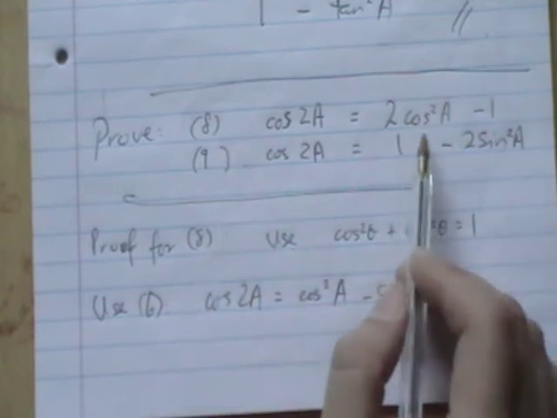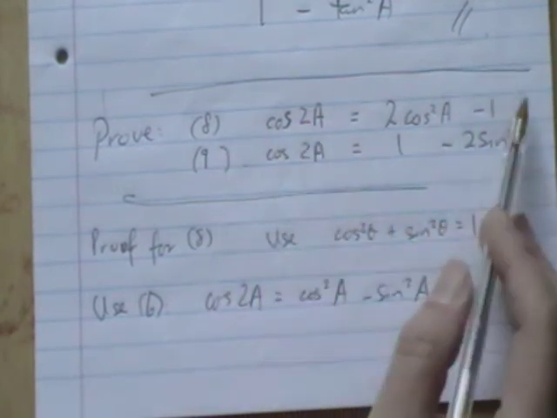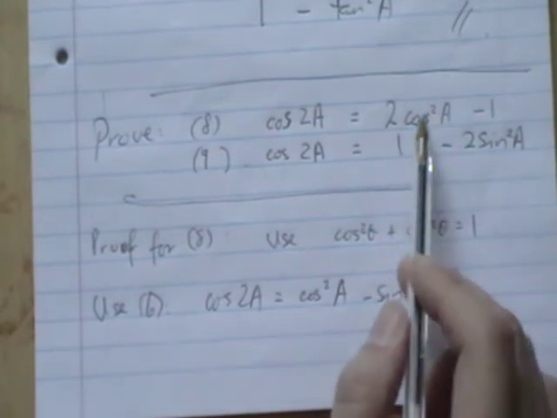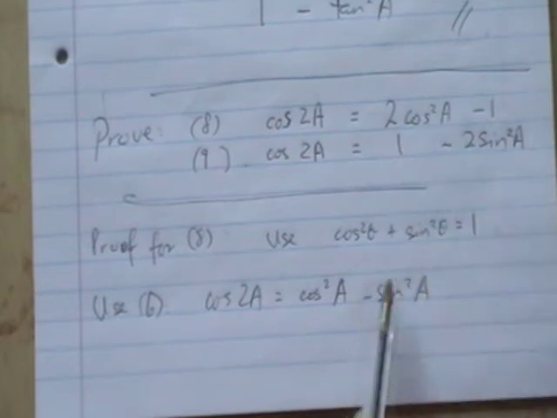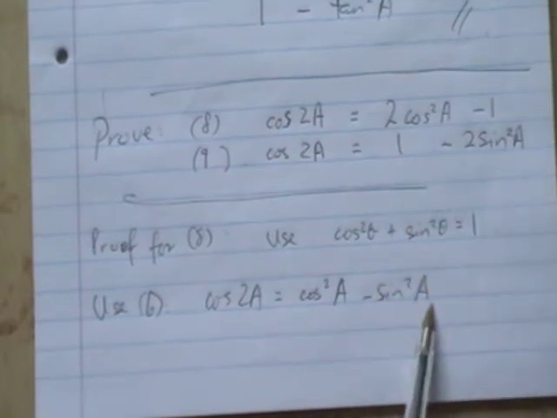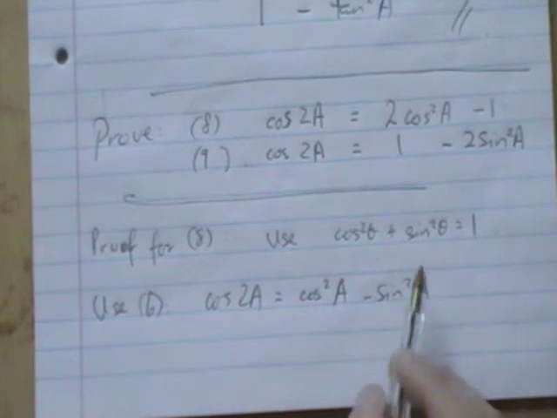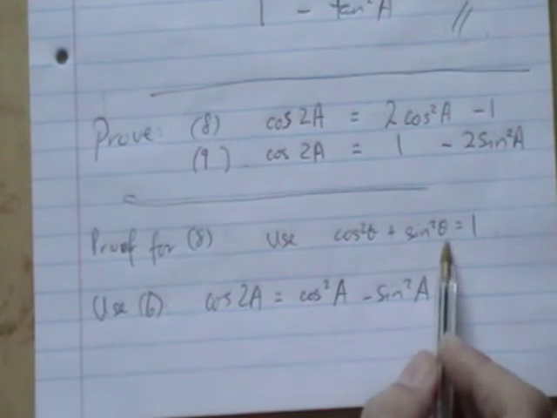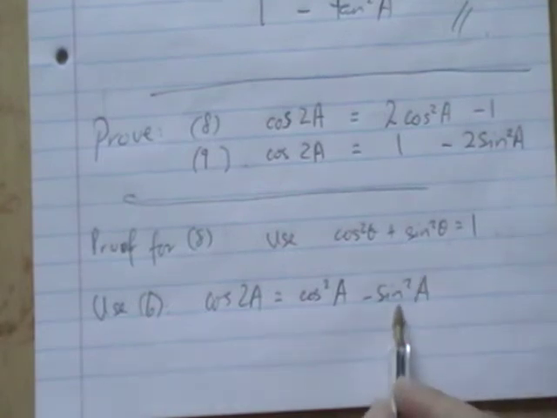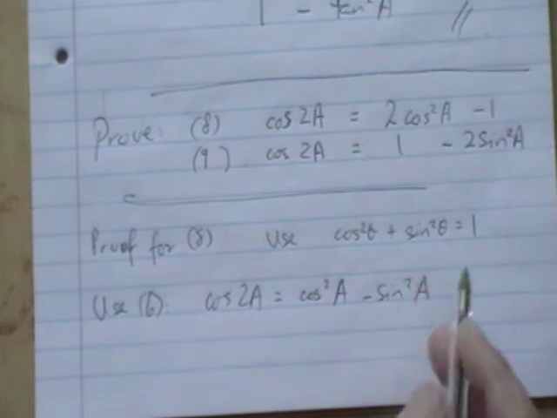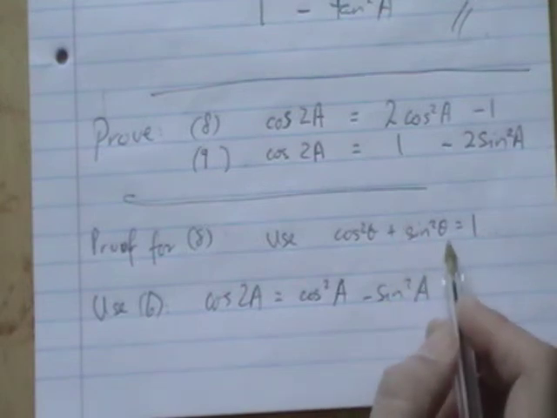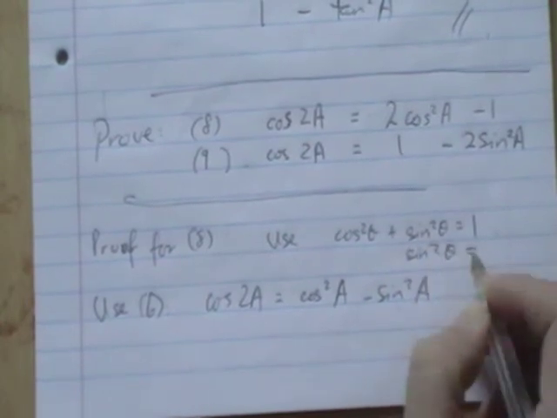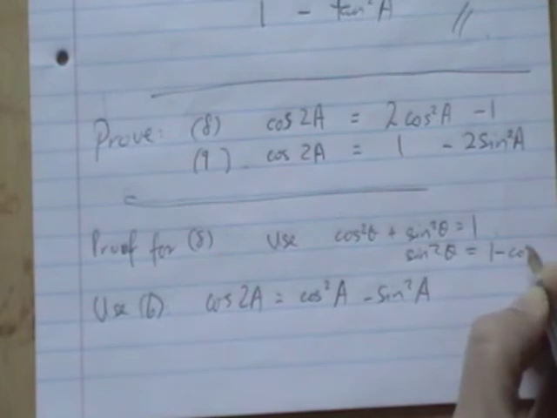Now again, we can take some ideas from this final result, that on the right hand side there is only cosine, there is no more sine, whereas in this starting identity I have a sine there. So what I could do is use this identity to write sine squared in terms of cosine. For example, if I rearrange this, I can get sine squared theta equals to 1 minus cosine squared theta.